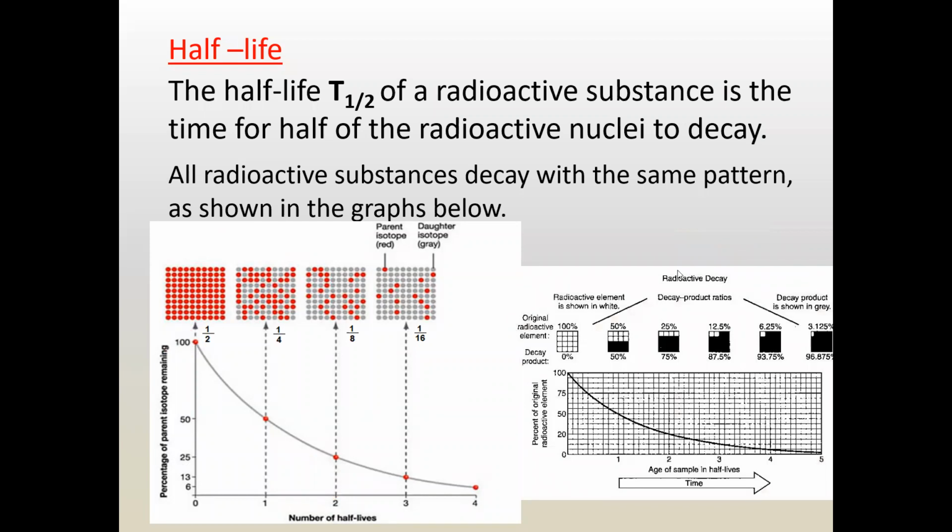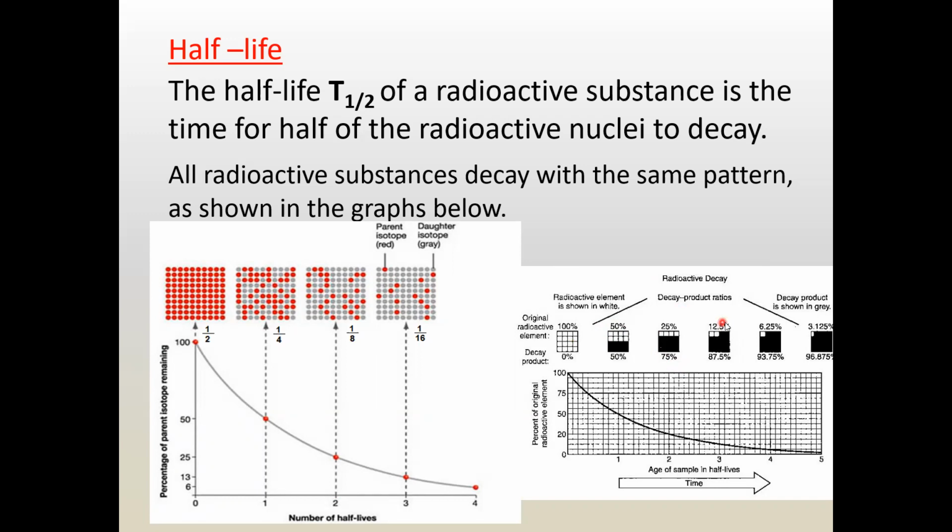In another image you can see, if we have 100, all 100% is radioactive. After a half-life, 50 is radioactive. Basically, the black shade represents stable and the white shade represents unstable. In the beginning, 100% unstable. After the first half-life, 50 stable, 50 unstable. After another half-life, 25 stable, 75 unstable.